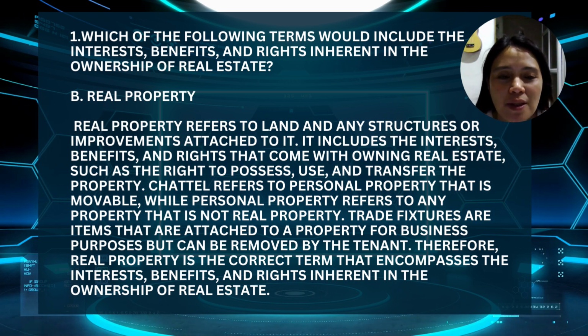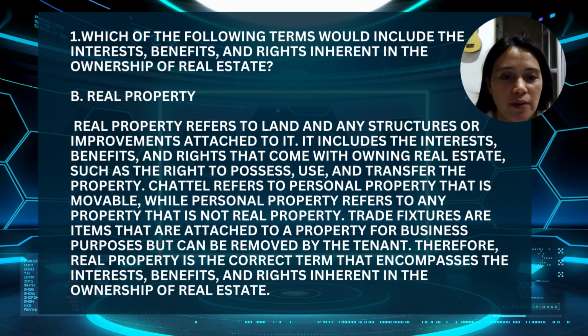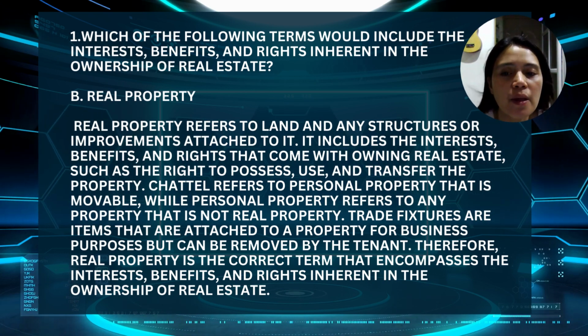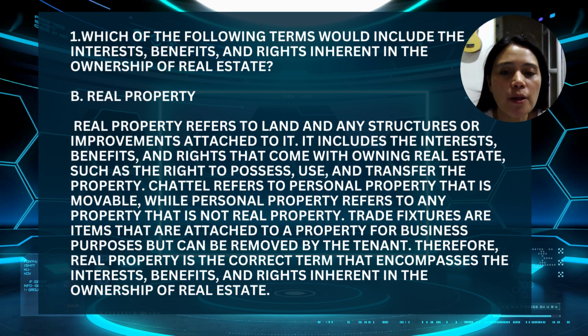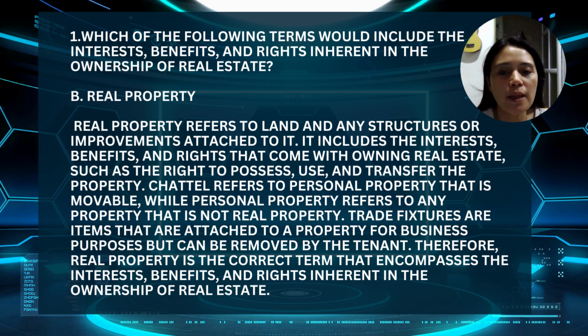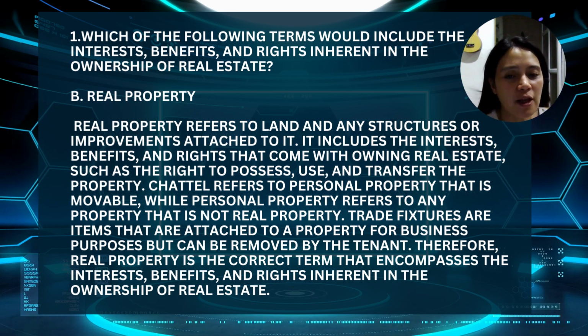Trade fixtures are items that are attached to the property for business purposes, but can be removed by the tenant. Therefore, real property is the correct term that encompasses the interests, benefits, and rights inherent in the ownership of real estate.